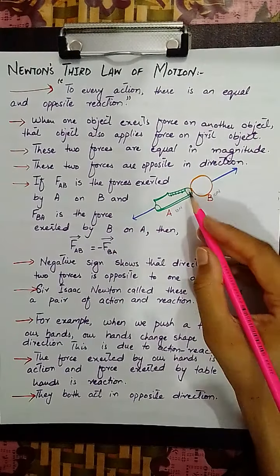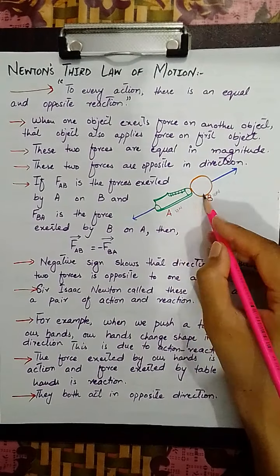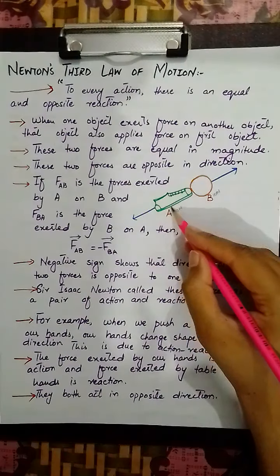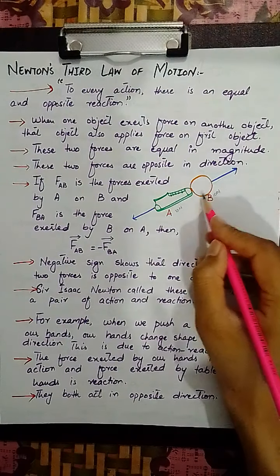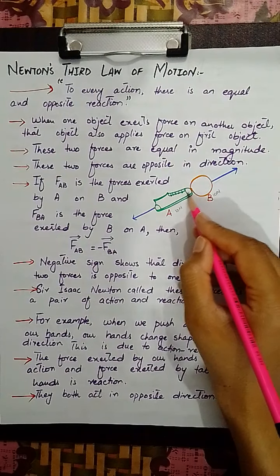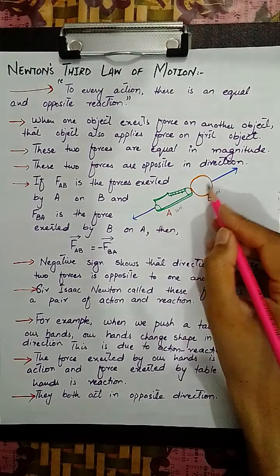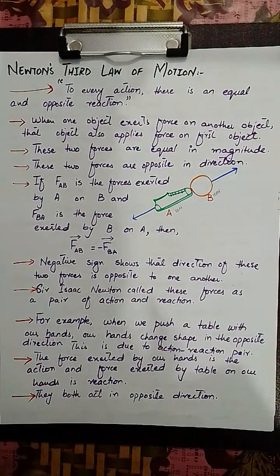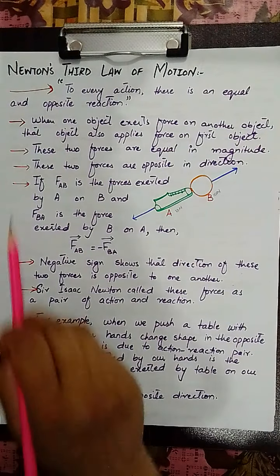But in this case, the direction of force that is applied by the foot on the ball is, this is the direction. But the direction in which this ball applies force on this foot is, it goes like this. In this case, this direction and this direction are actually totally opposite to one another.